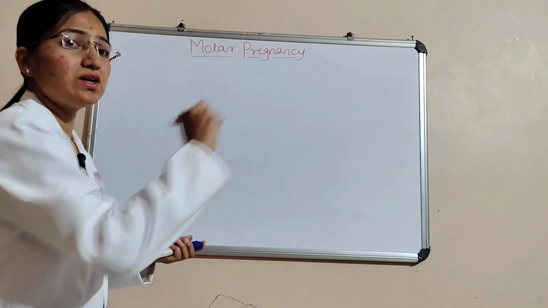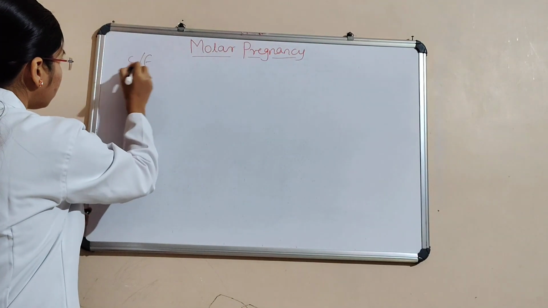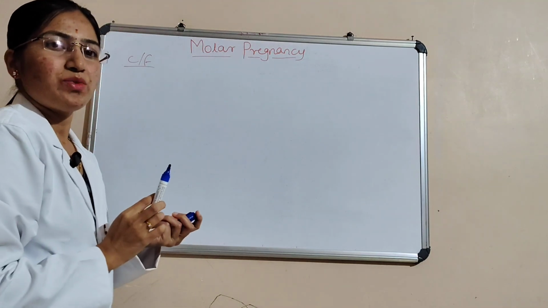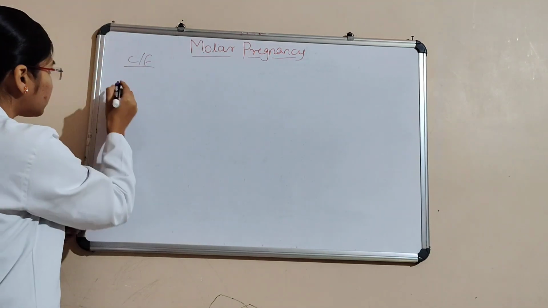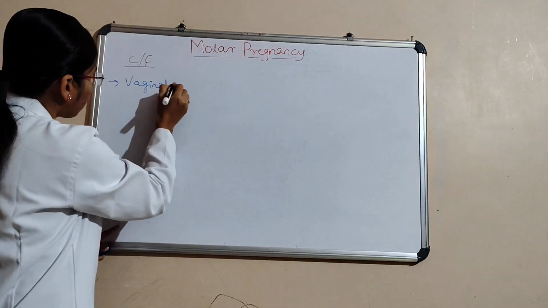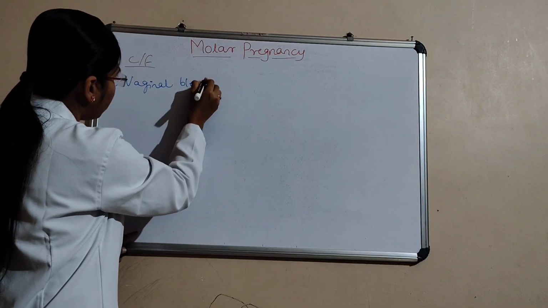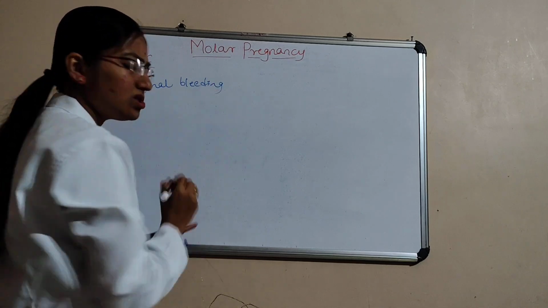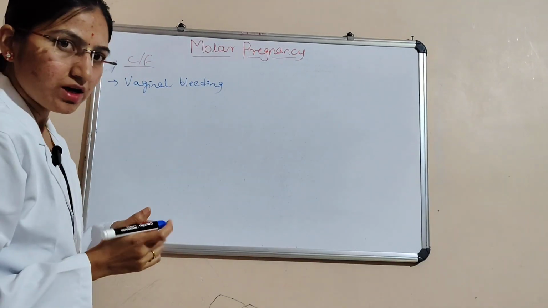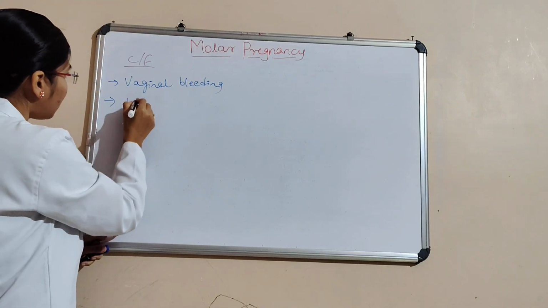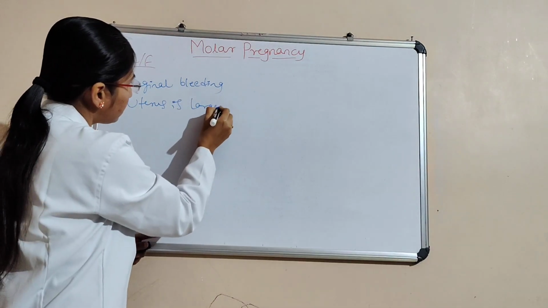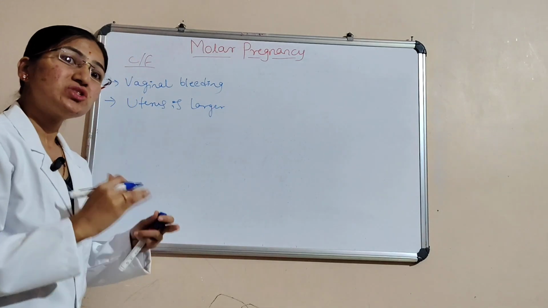Next we will see the clinical features of molar pregnancy. First and foremost, vaginal bleeding is present. It is dark brown or bright red in color. And then the uterus is larger than the gestational age.